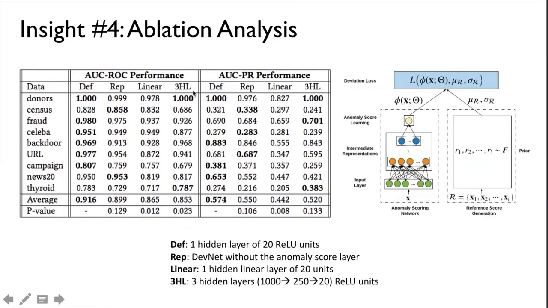And 3HL is DevNet with 3 hidden layers instead of just one as in the default architecture. So you can see that the anomaly score layer actually contributes to the overall performance, and the nonlinear structure is also helpful to the performance of DevNet.